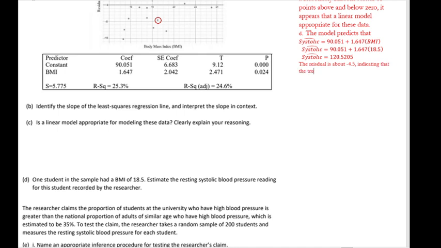So we can estimate that the researcher recorded a blood pressure of approximately 116.